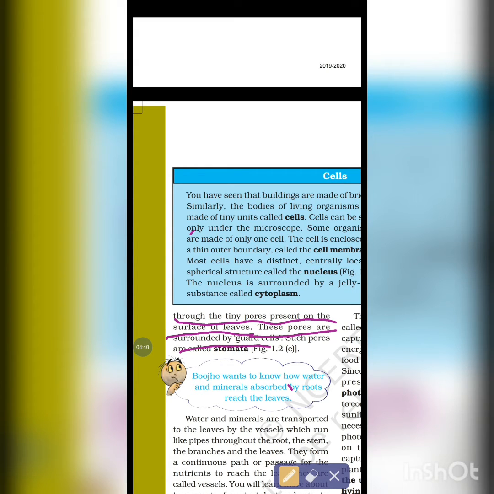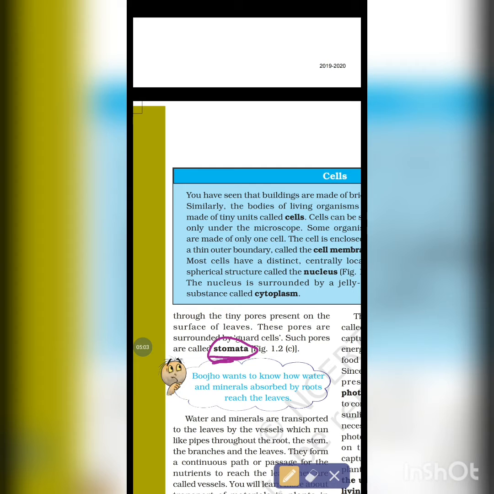Guard cells protect them from other organisms. Such pores are called stomata. These tiny pores are known as stomata.